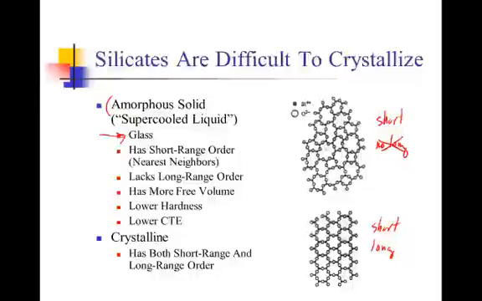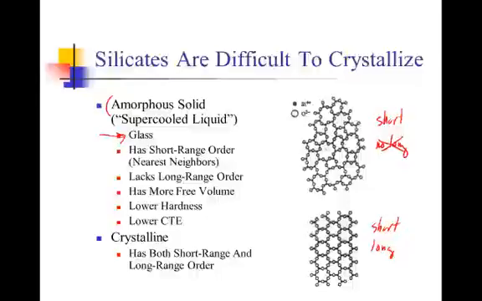So what's the difference between short and long range order? Short range order is your immediate nearest neighbors. How many of them are there? What is the angle of the atomic bonds between them?